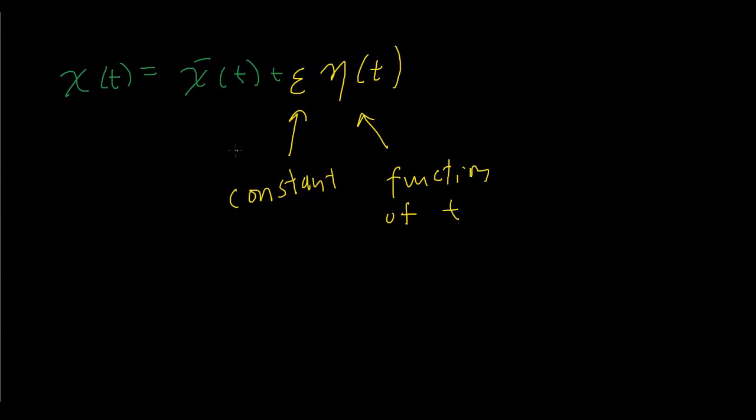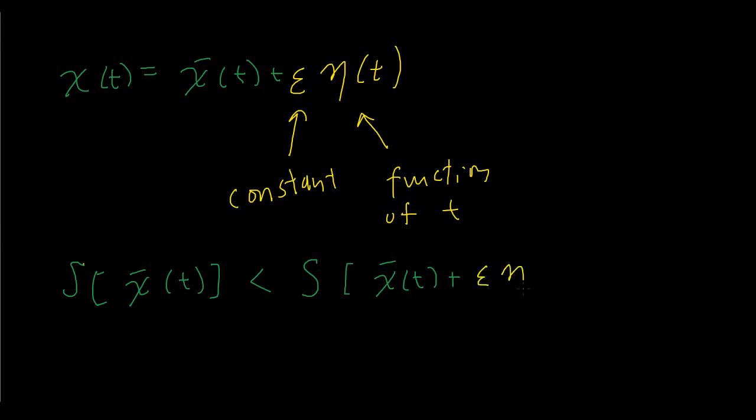Now, here's I guess the important part, right? S of x bar of t is always going to be less than S of x bar of t plus epsilon times eta of t.